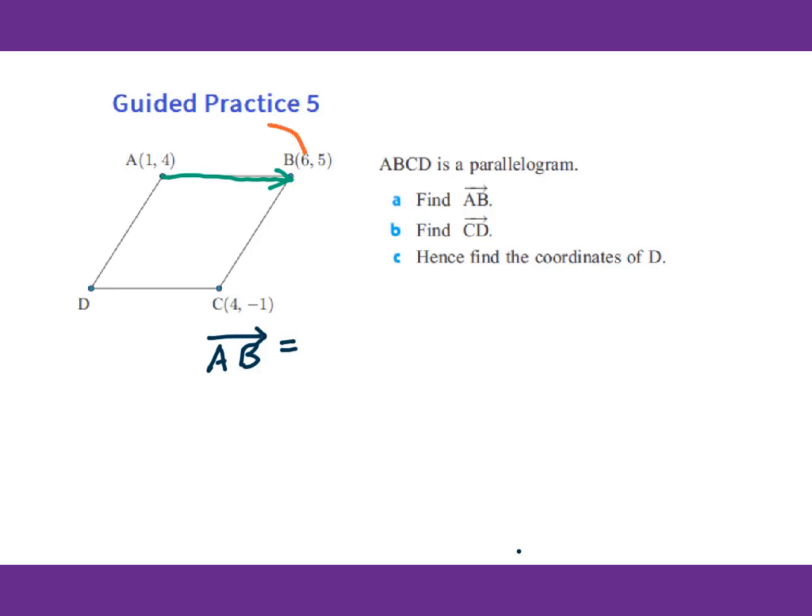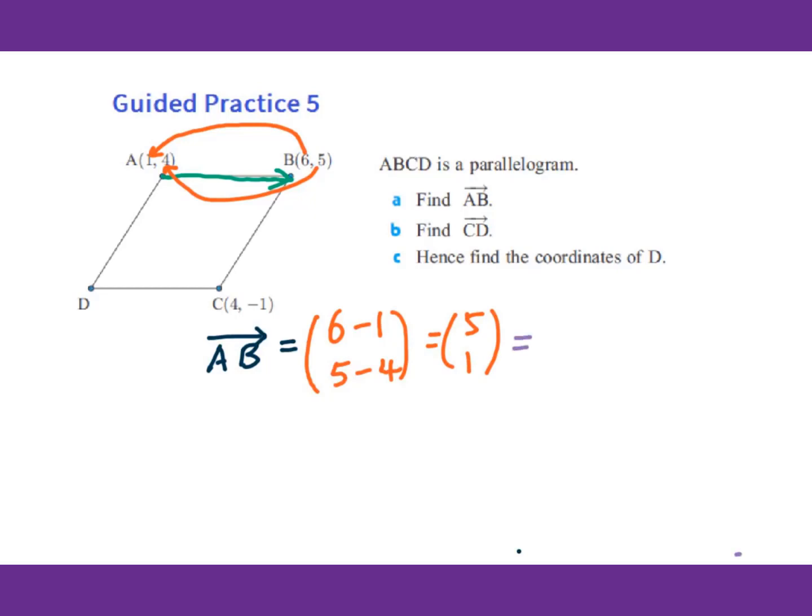So we have 6 minus 1 and 5 minus 4. So we get 5, 1. Or you can write it in unit vector form, 5i plus j.